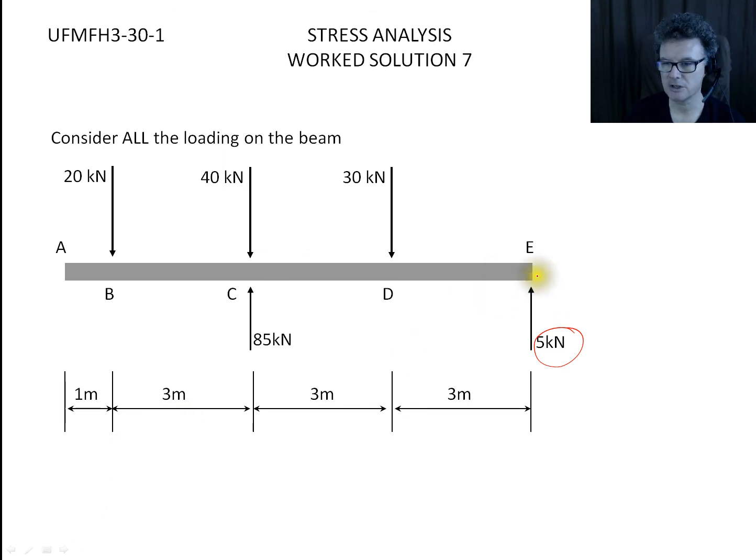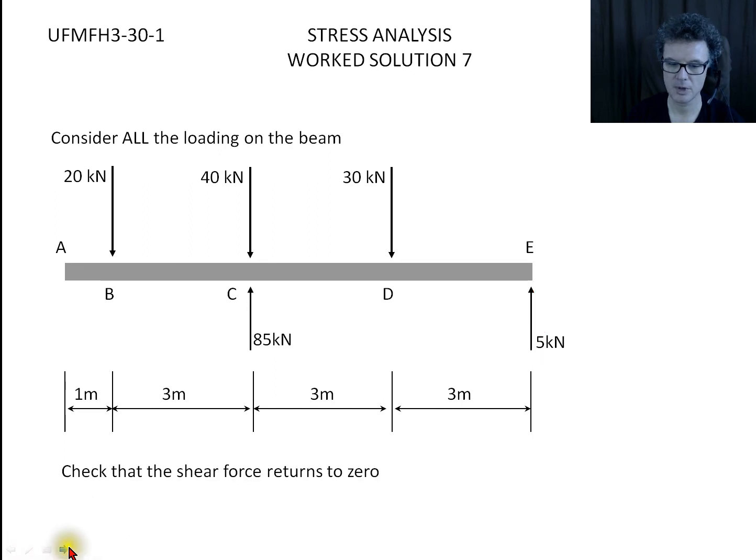We're now at the end of the beam, so that won't create any turning moment, so that doesn't affect my M graph. But you can use that to check that your shear forces have summed to 0. Yes, they have. And job done.